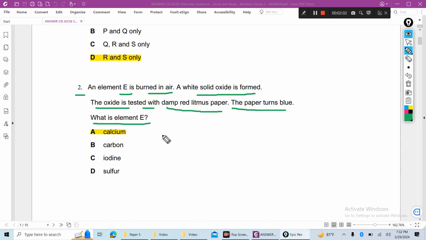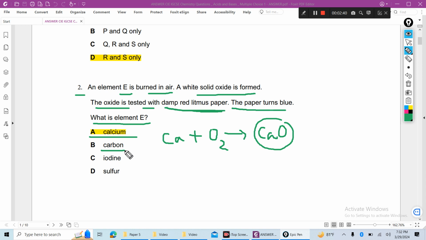If E is calcium, burned in air, it reacts with oxygen to produce calcium oxide. So calcium oxide is an alkali, a base. As calcium oxide is a base, it will turn damp red litmus paper blue. That's why the answer is A.